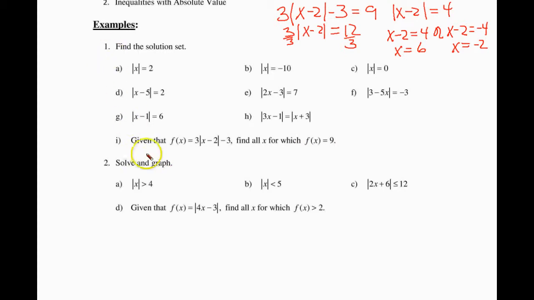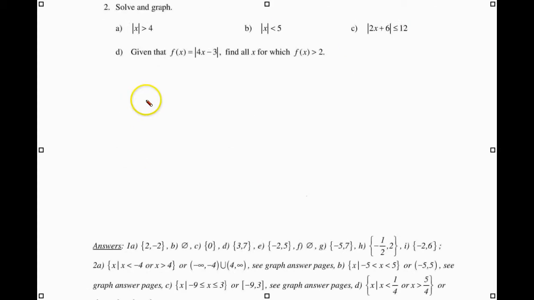All right, we'll be going on now into solving and graphing inequalities. And to give you the strategy for doing these, well, in letter A, it's going to be absolute value of x is greater than 4.